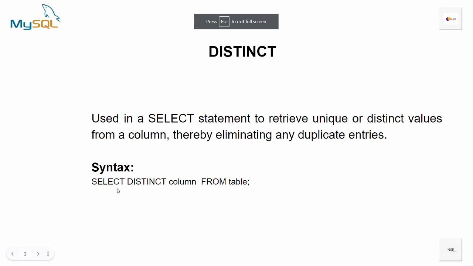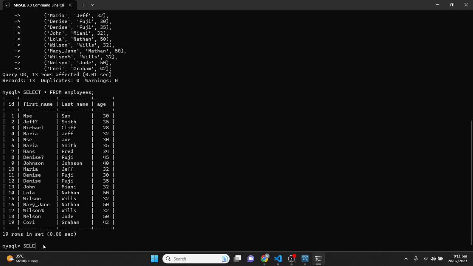Basic syntax is select distinct column, the column name that's to be considered, then you have from, and then the table. So let's say select distinct. Let's use the age column from the table, which is employees, semicolon.